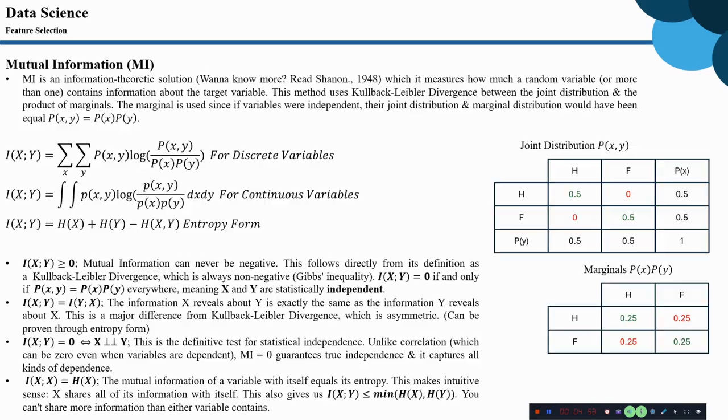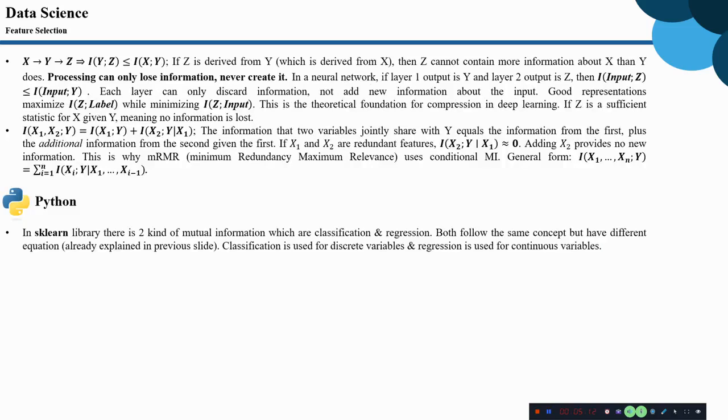The regression form uses this equation for continuous variables, and the classification form uses the equation for discrete variables. As you can see, you can import them with respect to your variables, whether they are continuous or discrete. So this was the explanation part, and now I'm going to write the Python script.